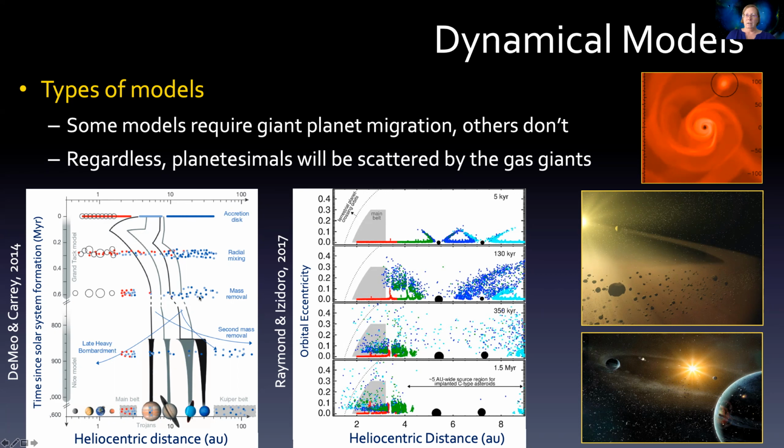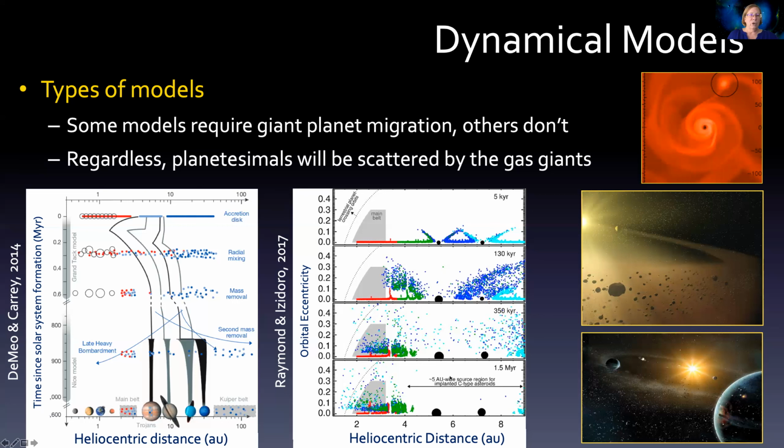The gas disk dissipates, and then the giant planets can interact with the remainder of the disk. And this was actually the Nice model, scattering things until we have the distribution of material we see today. Other models, such as the one by Raymond and Izidoro, which is not intending to predict any particular architecture, but to describe a process, suggest that you will have massive scattering of planetesimals, whether or not the giant planets move.